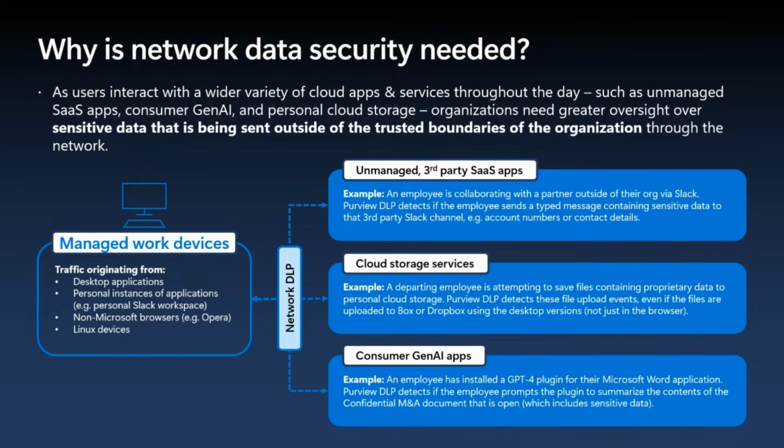But there's a lot of scenarios that are not AI as well that network can absolutely help with, right? So for example, sending emails through personal email services, or filling out forms with Google Forms or even Microsoft Forms, right? All of these other use cases which were previously blind to Purview are now made available to be exposed and classified and eventually protected through the Purview integrations.